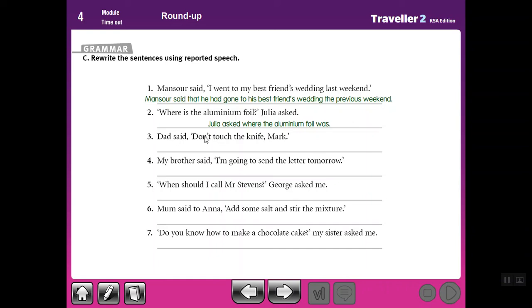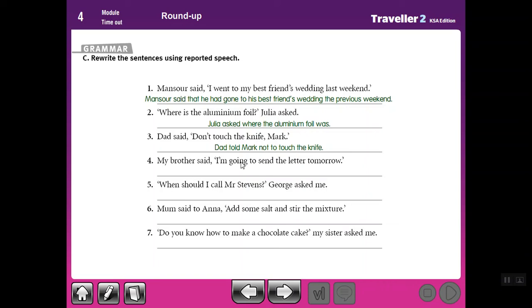Here I use an affirmative form or negative form, and for the negative form don't, I use not to. Dad told Mark not to touch the knife. Like, don't play in the street: Dad told me not to play. Don't watch TV: Mom told me not to watch TV, and so on.